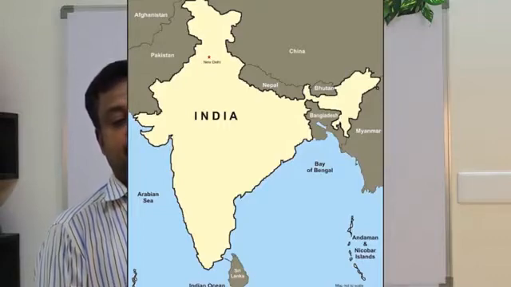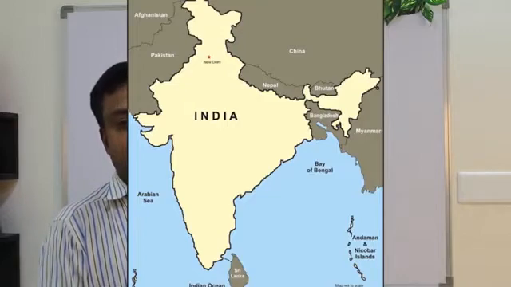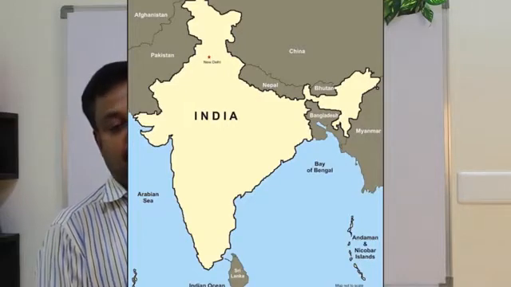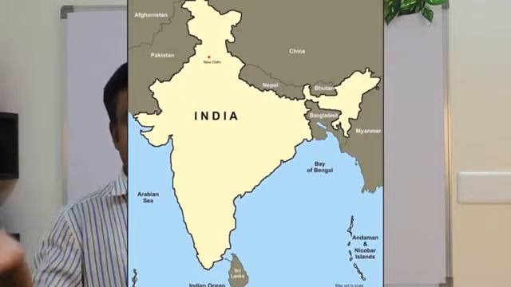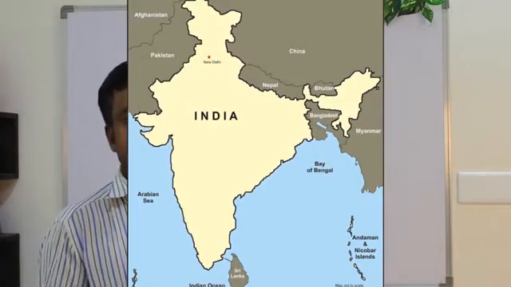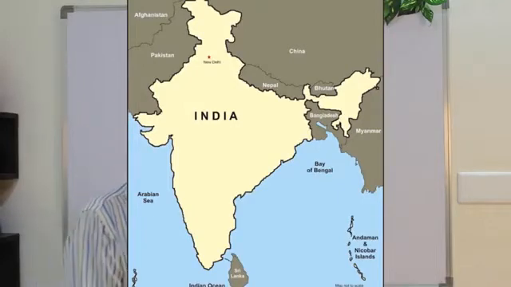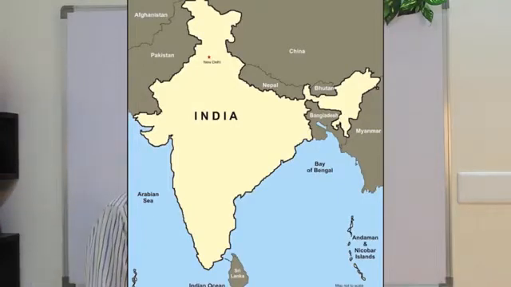To the top of India we have China. On the shoulders we have Nepal. After Sikkim we have Bhutan. Then after Arunachal Pradesh, in the northeast, we have Myanmar. Beside West Bengal we have Bangladesh. And at the bottom we have a small island neighbor called Sri Lanka.